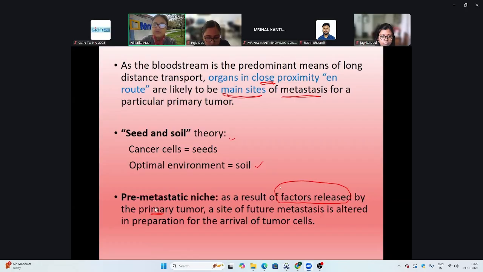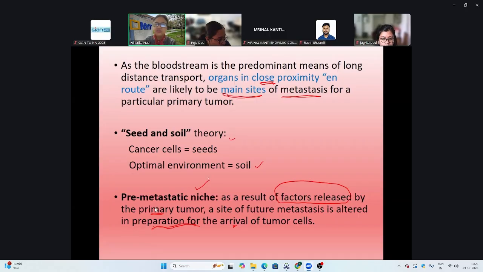And all they're trying to do is prepare for the arrival. Isn't that kind of smart? So it's like a preparation for the arrival of those tumor cells. It can release secretions such that when they land there, there are certain substances that make it comfortable for them to attach. So all kinds of things. That's just one example. It's called the pre-metastatic niche.